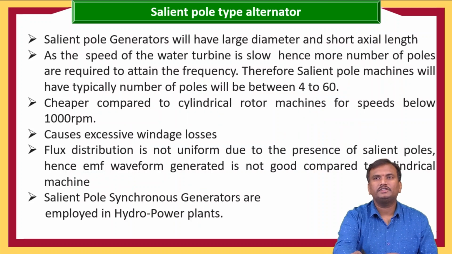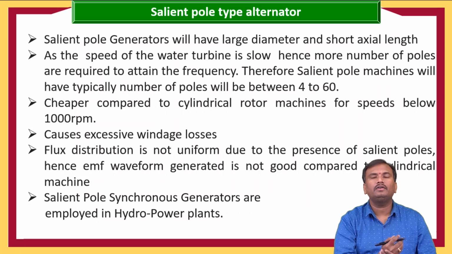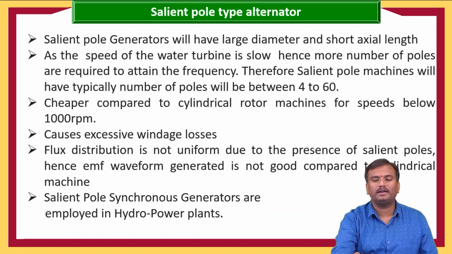Salient pole generators have a large diameter and short axial length. The diameter of the salient pole machine is very high and the axial length will be less. As the speed of the water turbine is slow, more poles are required to attain the frequency.